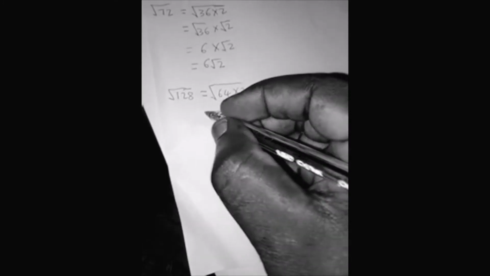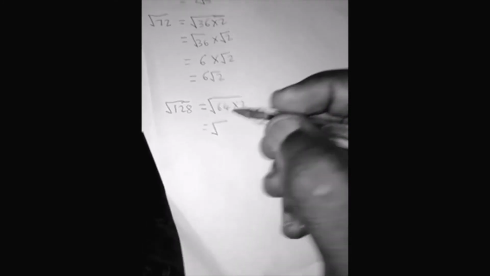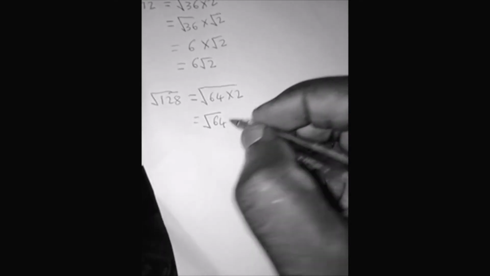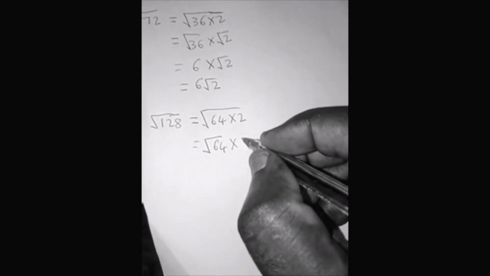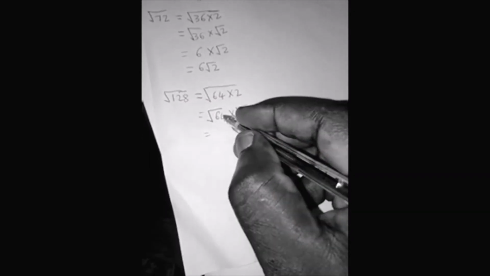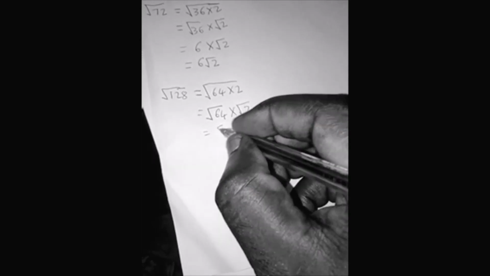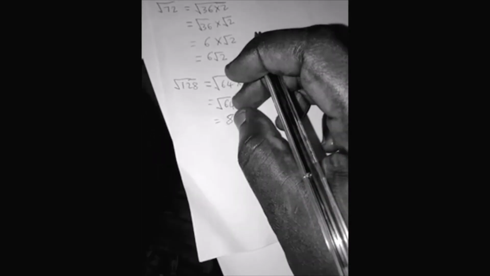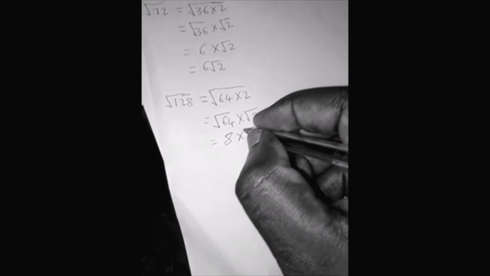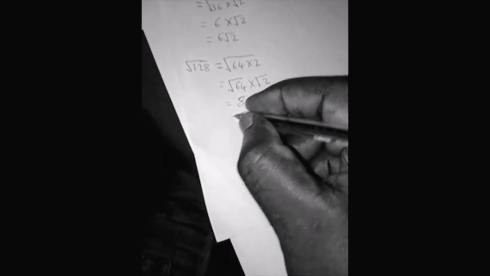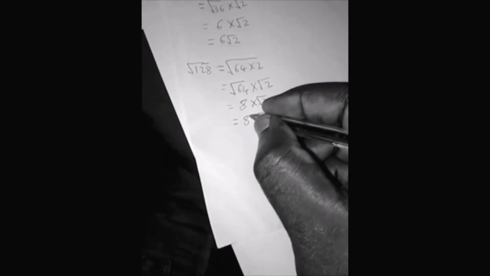So hence I'll be having root of 64 times root of 2, as we have done it above. And root of 64, since it's a perfect square, I'm going to get 8. When 8 multiplies itself, in fact, you are going to get the 64. So times root of 2. So hence I'll be having 8 root 2.